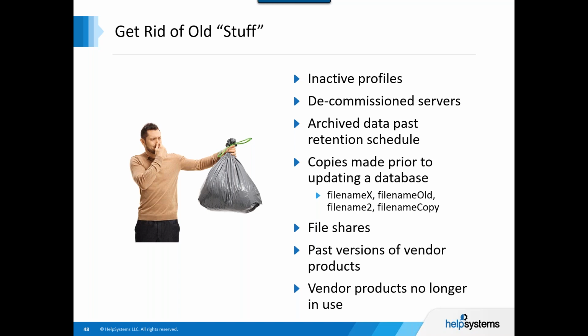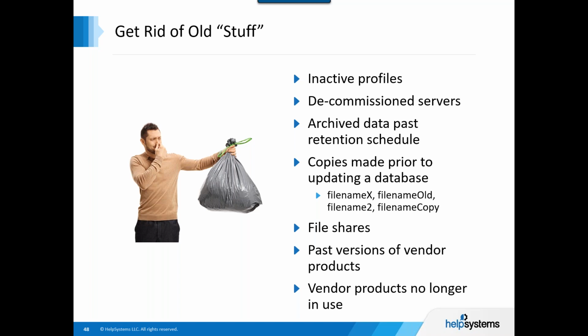Copies made prior to updating a database. I can't tell you the number of times over the years I've seen production files with production_old, production_x, production_1, 2. It's a file that's a copy of production before some change is made. Now, I'm never going to say not to make that copy. That's a good practice.